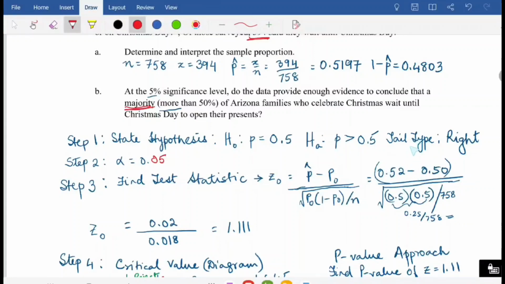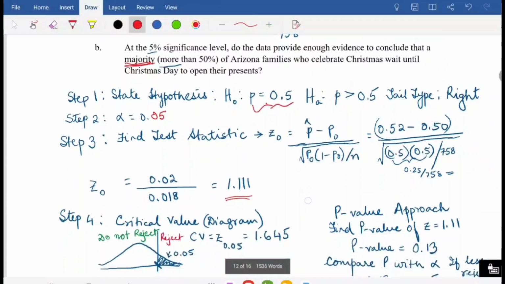But if you have rounded up to 2 places, just because the population proportion is 0.5, you can round it up to 2 decimal places, but otherwise keep it at 3 decimal places. Here I've plugged in my values for the different variables, and I've come up with a z value of 1.111. Here again, keep it at 3 decimal places.